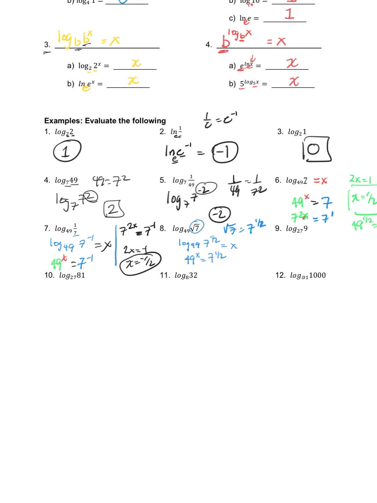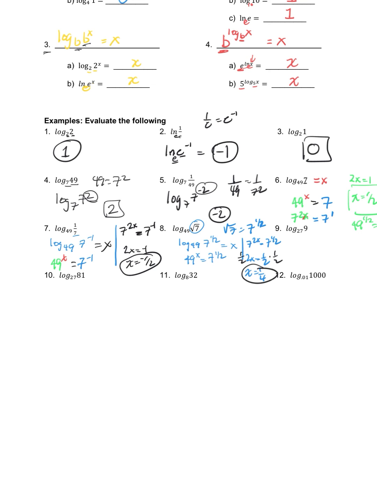That's 7 to the 2x equals 7 to the 1/2, so 2x equals 1/2. Then when you divide by 2, x equals 1/4. Remember to multiply both sides by the reciprocal. That's how we get 1/4.